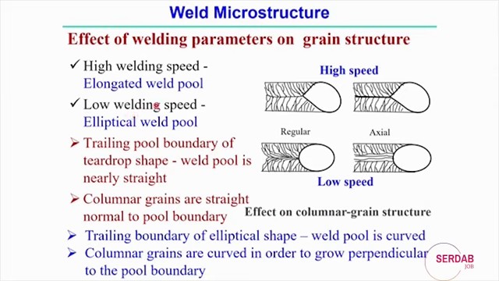In the case of low welding speed, the weld pool looks elliptical, while the trailing pool boundary of a teardrop shape means a very high welding speed. There the weld pool boundary is almost nearly straight, and the growth also happens perpendicular to that, so columnar grains form almost straight, normal to the pool boundary.